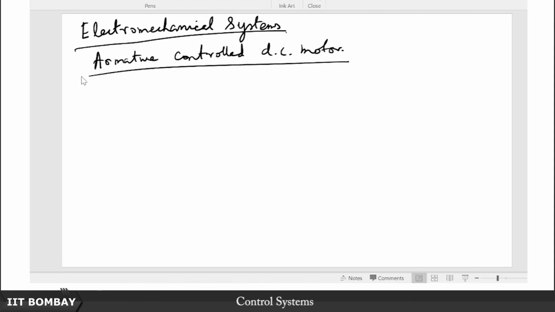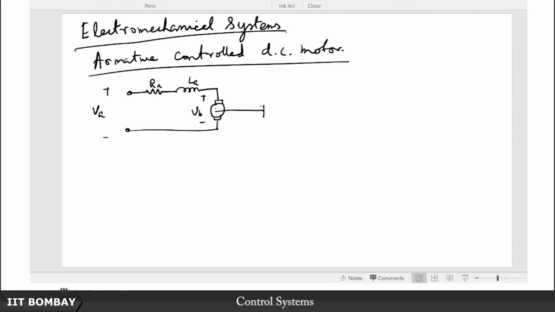So here goes. In a typical DC motor, you have an armature voltage, let's say VA, which is applied here. You have some armature resistance and some inductance here. Then you have the armature, across which there is a back EMF, let's say VB, to which you have a shaft connected.